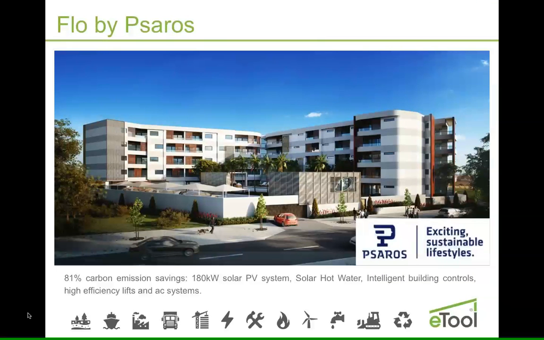The different designs, this one's quite interesting because it was 80% savings, which is very close to carbon neutral, which would be 100% savings. So on a development of this scale, you see that it is economically viable to achieve such a high performance. It's very exciting to see that it's possible, and that there's a market demand for it.